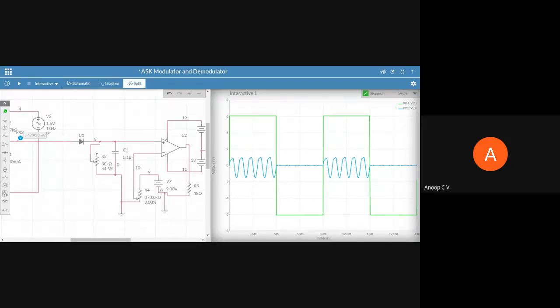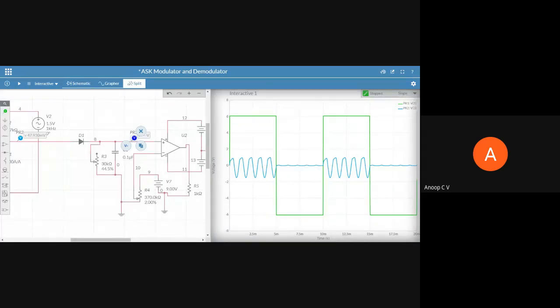Maybe we'll try and see the output of this envelope detector, and then we'll take this discussion forward. For that, I'm using a probe and keeping it here. I have another question. Is there any provision to see only the rectified output here, or if it is in the lab, can I see the rectified output alone?